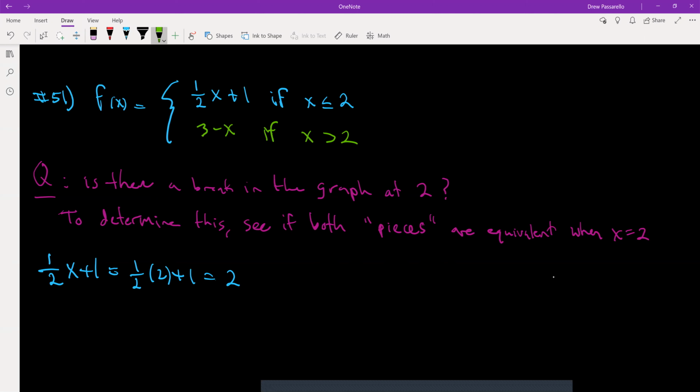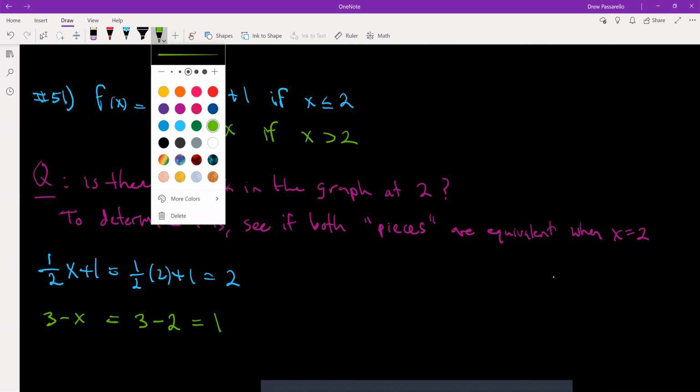So for the 3 minus x, plug in 2 to see what it becomes. That's 3 minus 2, which is 1. Now notice they're not equal to each other.